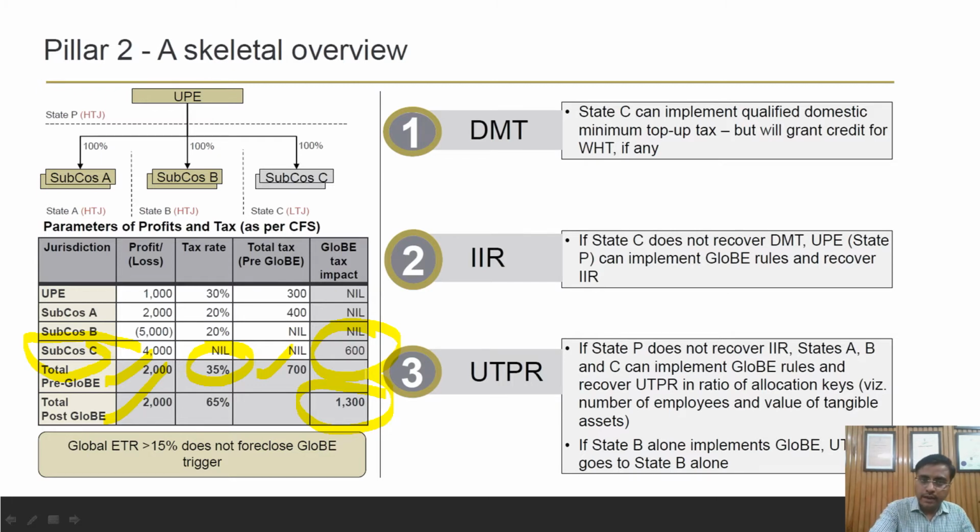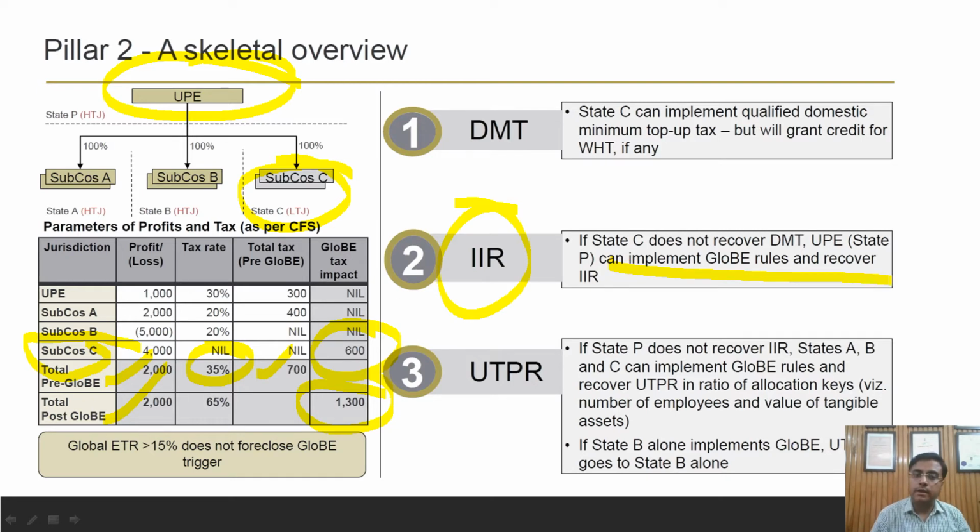Because guys, IIR is applicable in case State C does not levy DMT, then IIR will be levied by the Indian company, the ultimate parent company. If C does not trigger DMT, the UPE can implement the Globe rule and recover the IIR.